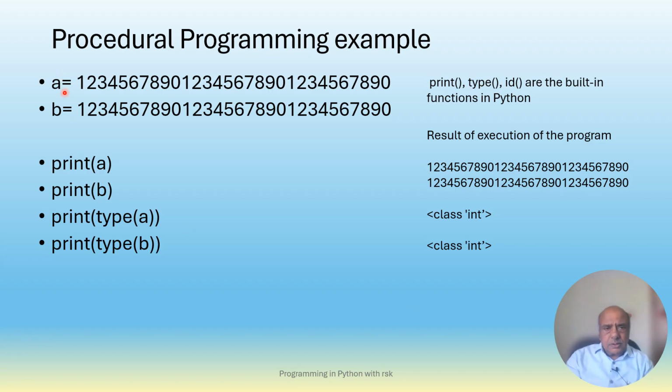Here we have not mentioned what the data type of a or b is, but Python has inferred it, as it is an integer we have assigned to a and b. So there is no need to mention the data type, but it has inferred it and given us the output as class int and class int.